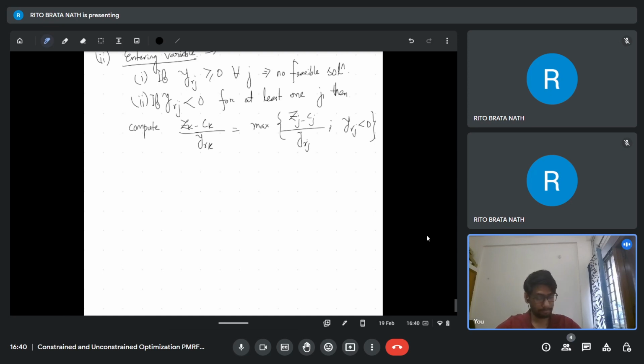Okay, so this is one thing. There is something called the artificial constraint method, but I'm not going into that because that's anyway not used.